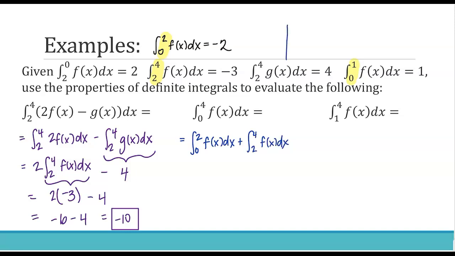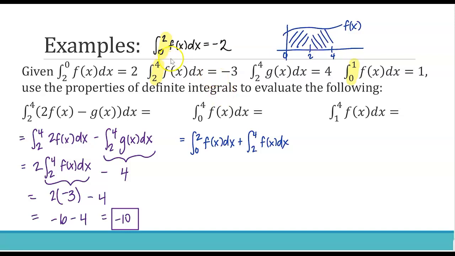We don't know exactly what the graph looks like, and this is just to help briefly illustrate the concept. But let's just say f of x is this curve right here. I want the area from 0 to 4, and I have the area from 0 to 2, and I have the area from 2 to 4. Well, just add those two things together, right? And that's what we have.